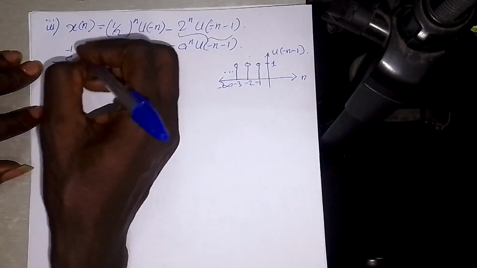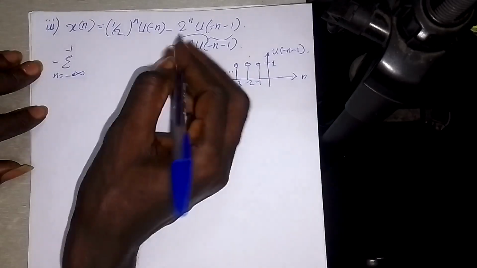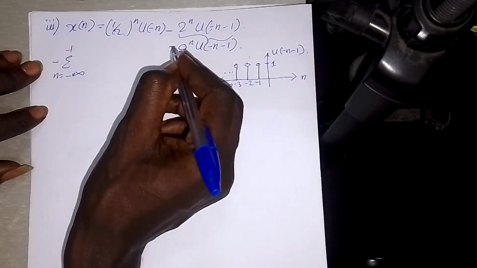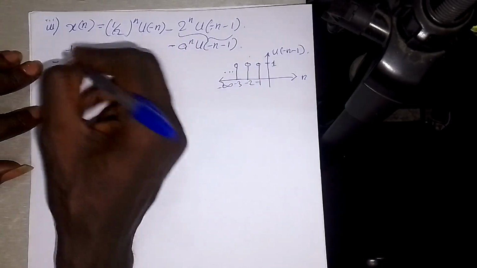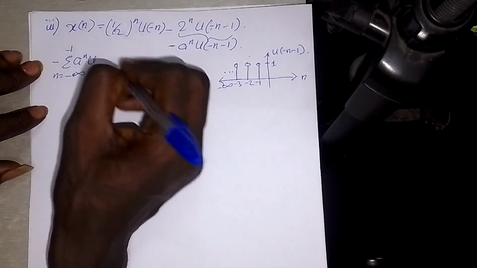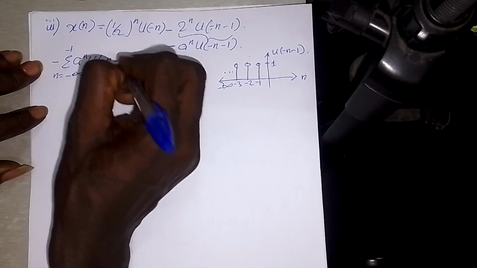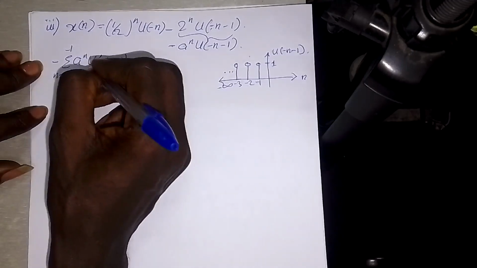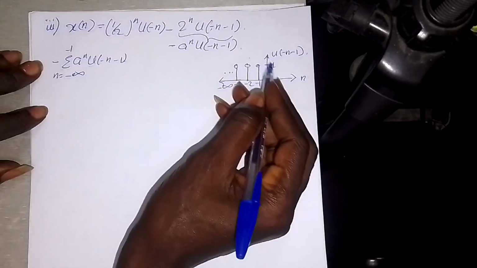So I can say a exponent n into u of minus n minus 1, but this is a unit step sequence whose value is 1.